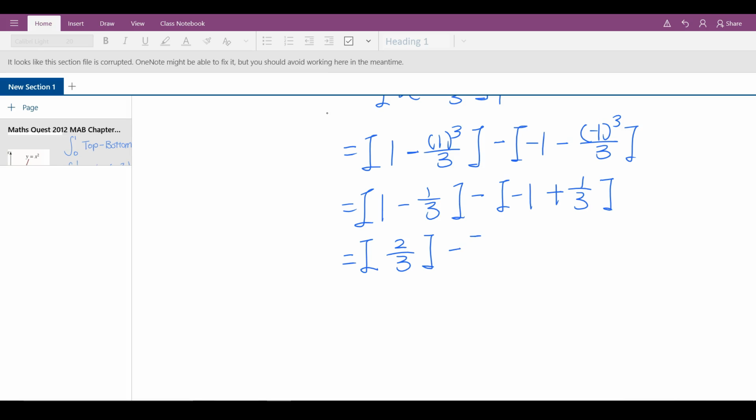Then -1 plus that is -2 over 3. So that minus becomes positive, and 2 over 3 plus 2 over 3 equals 4 over 3. And that is the area of the shaded region.